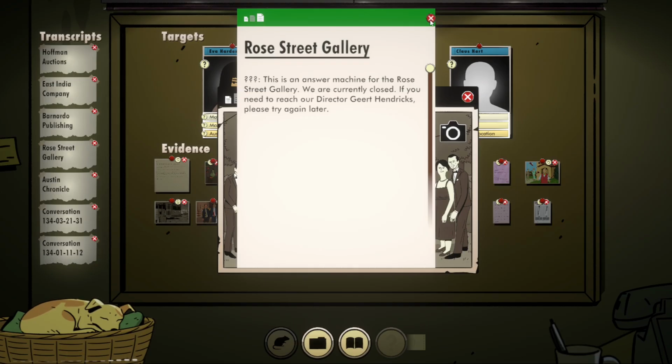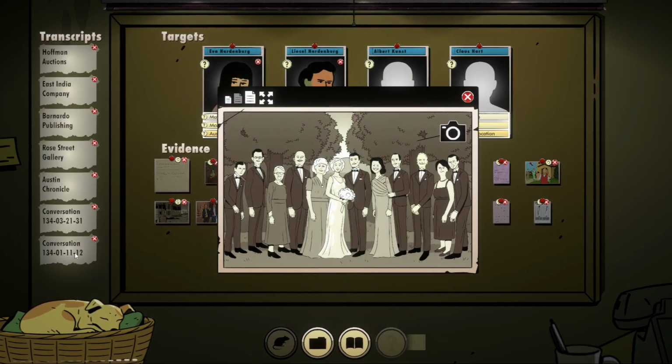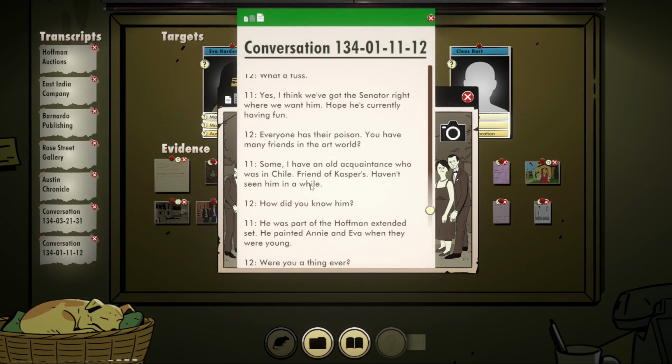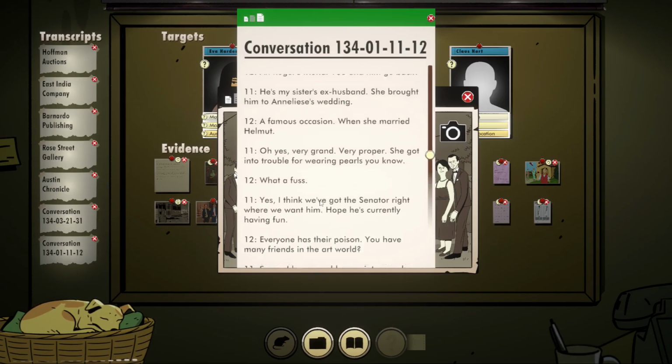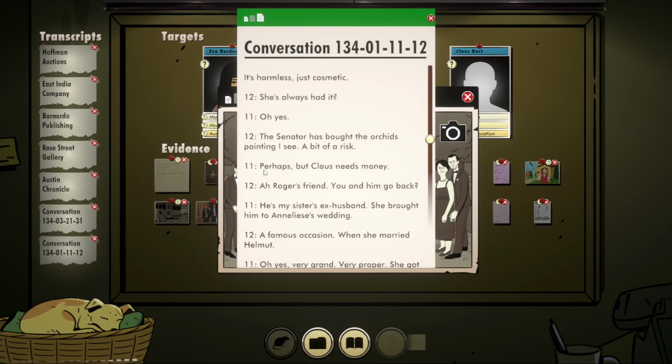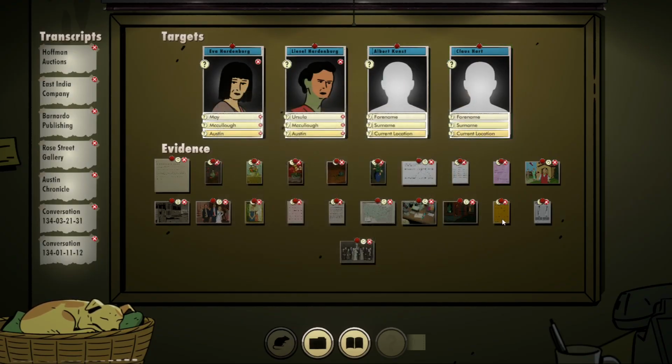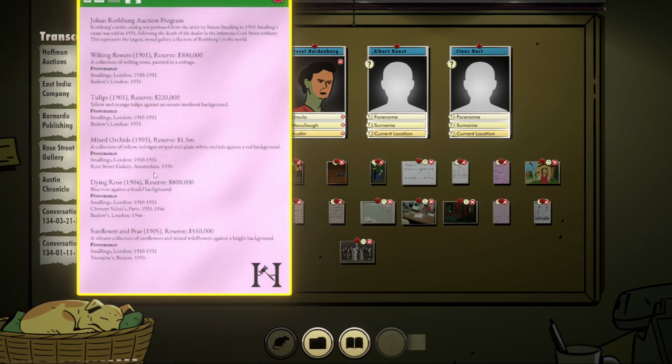Okay, that's the thing in Amsterdam. Orchids, orchids, orchids. Amsterdam.